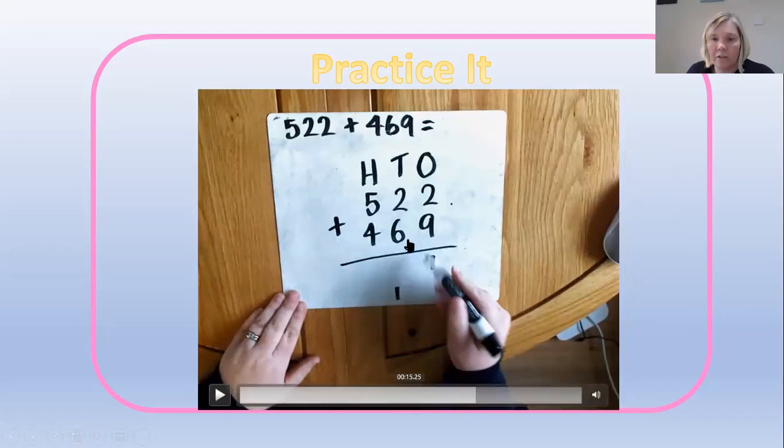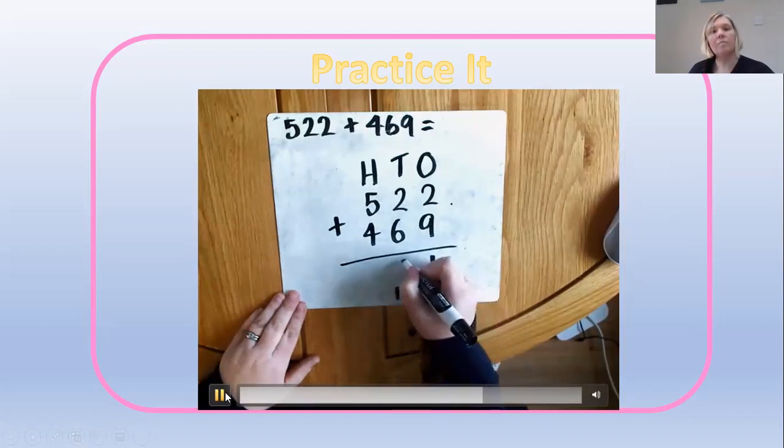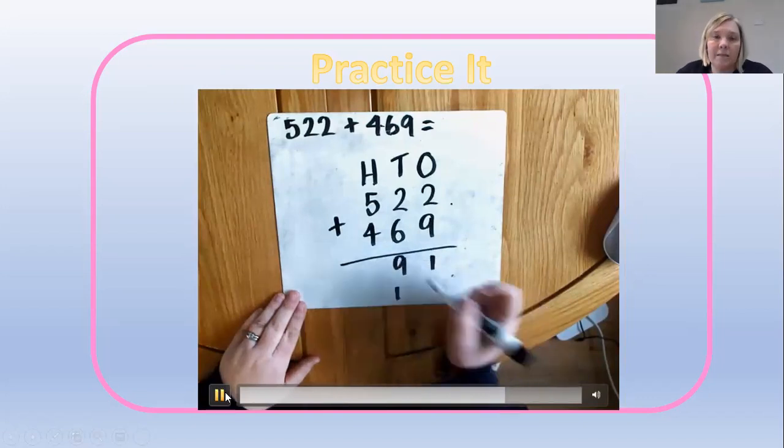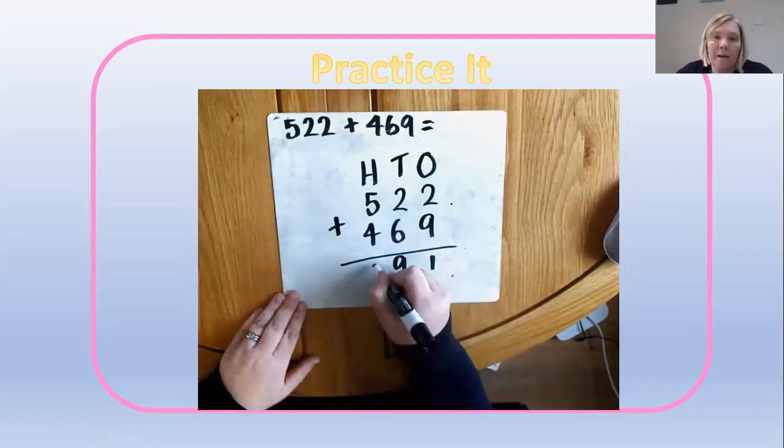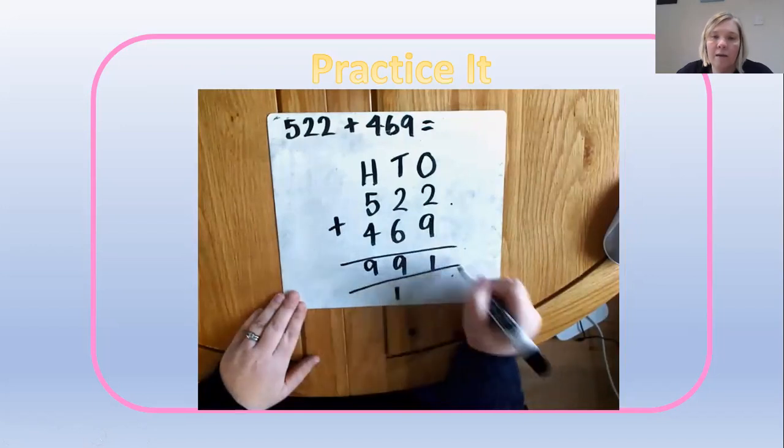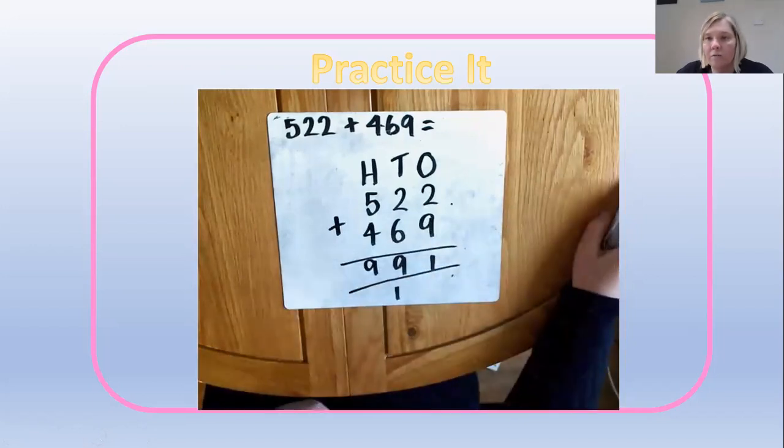I have to exchange, because if I write 11, that's 2 digits in my ones column, and I can't do that. So I have to exchange 10 ones for that 1 10. I add up my tens column, and I add up my 100s column, and luckily enough, that also adds up to 991. Bravo us.